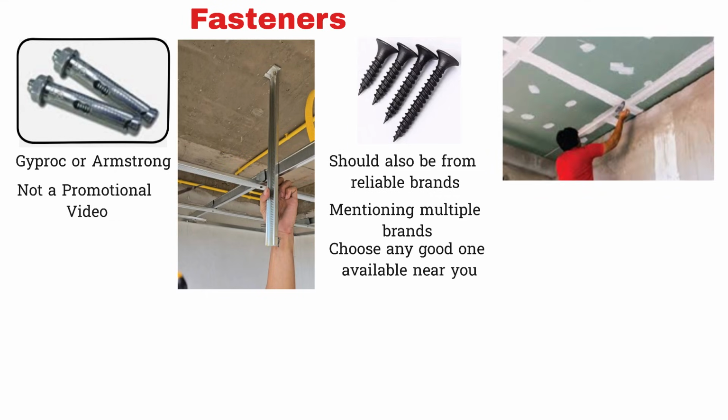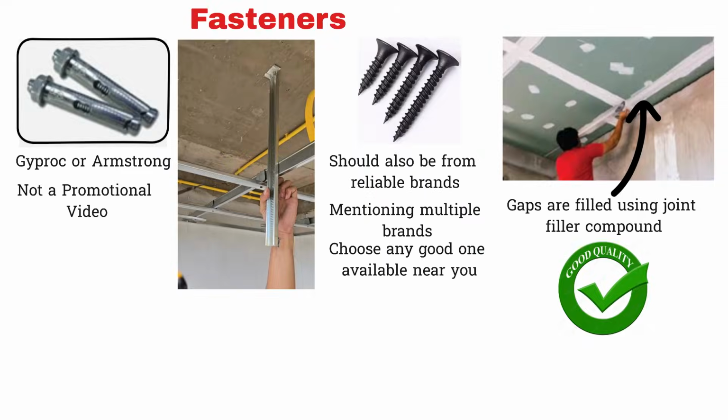After the boards are fixed with screws, small gaps remain between them. These gaps are filled using joint filler compound. This filler should also be of good quality. After filling, a fiberglass tape is applied over the joints to prevent cracks. Many contractors agree to work at 70 to 80 rupees per square feet and use good boards and channels.